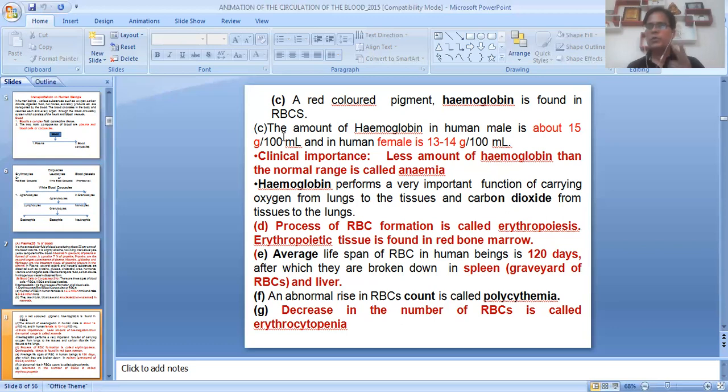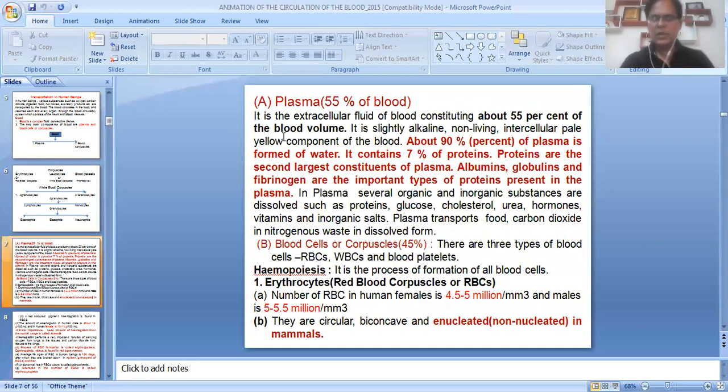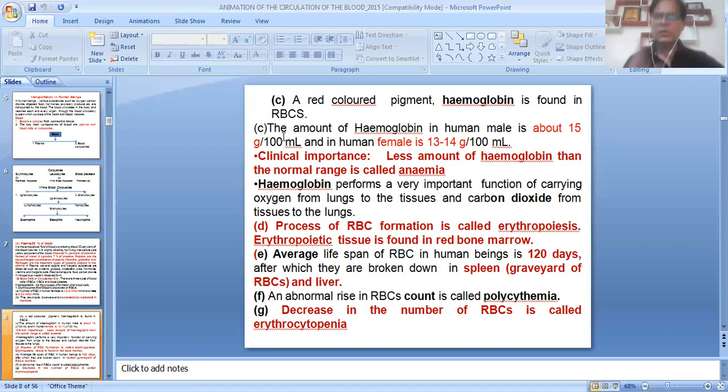Now, I told you one question was there: hemopoiesis, the process of formation of all blood cells. Now the second one: erythropoiesis, right? The process of RBC formation is called erythropoiesis.